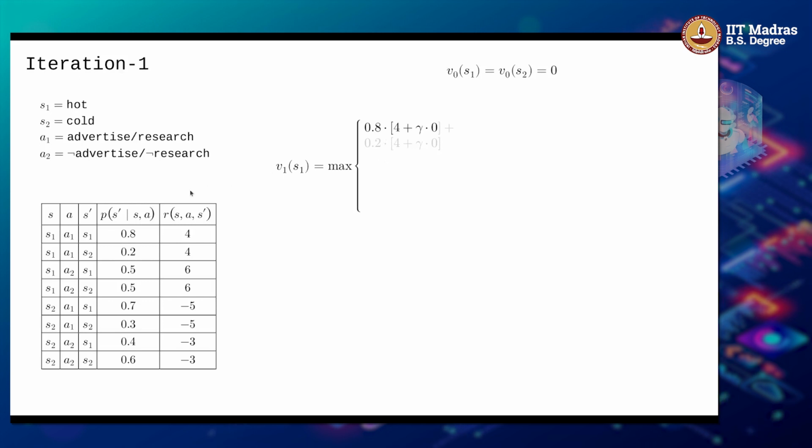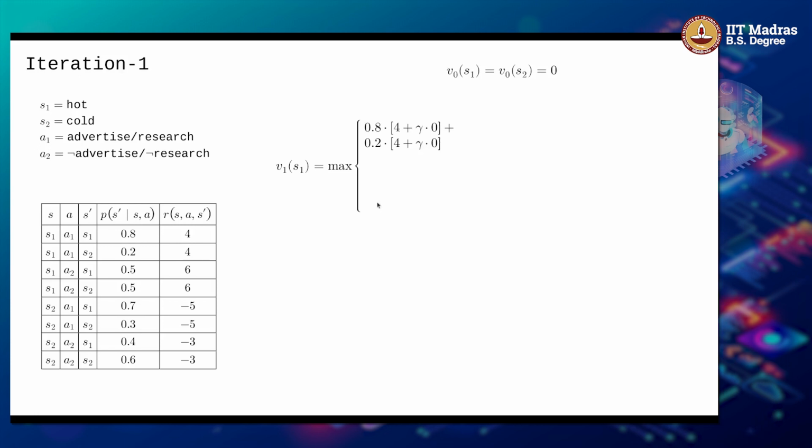Now this is one possibility of the next state. You have to consider the other possibility, which is S2. If you move to S2, then the probability is 0.2 and the reward expectation is 4, plus gamma V0 of S2, which is also 0. This is all for action A1.